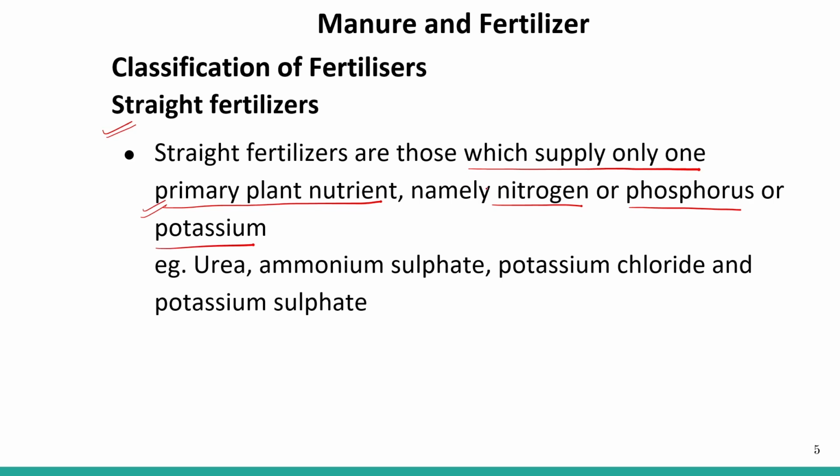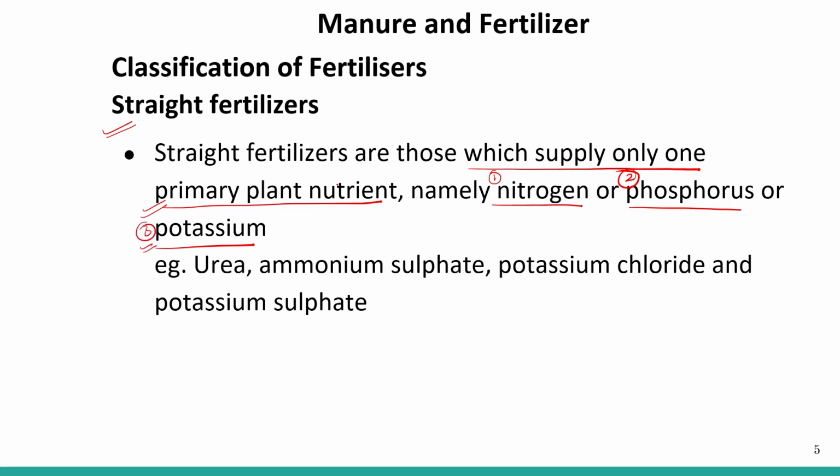So this type of fertilizer will either contain nitrogen, and when you add this particular fertilizer to the soil, then this nitrogen will be available in a proper amount for the growth of the crop plants. That can either be phosphorus or that can be potassium.